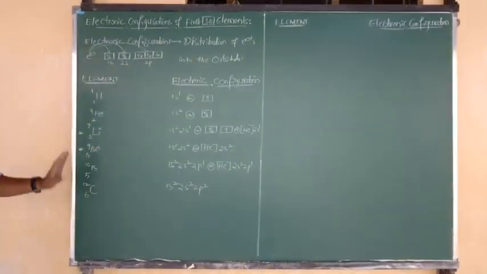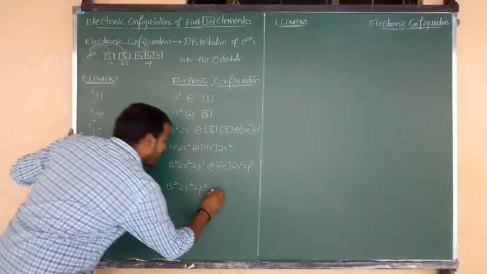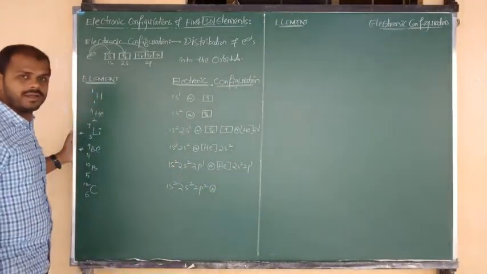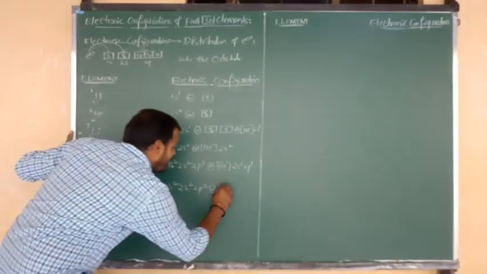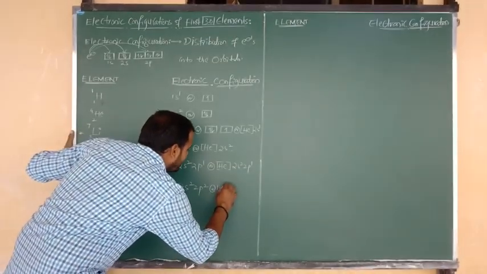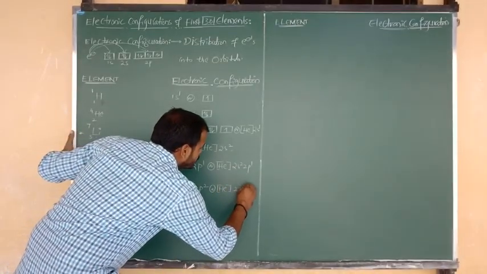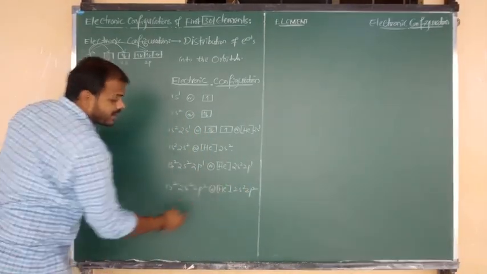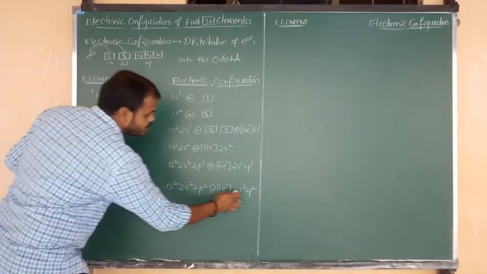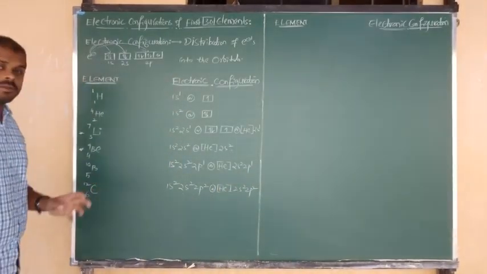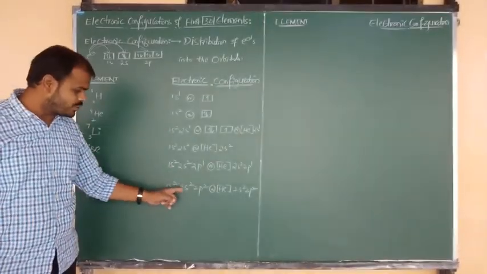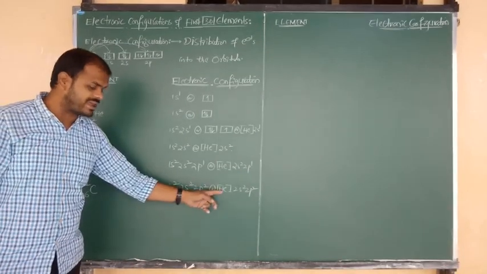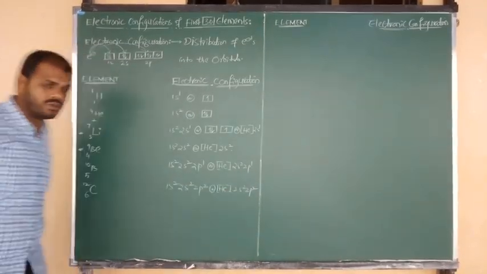This is the electronic configuration of carbon. Shortly, 1s2 means helium, so in the place of 1s2 I am writing helium. Remaining is 2s2, 2p2. So the carbon configuration is 1s2, 2s2, 2p2, and also helium 2s2, 2p2.